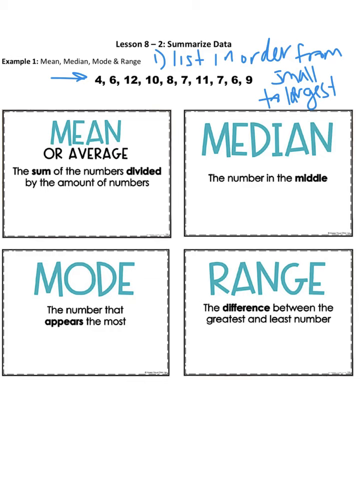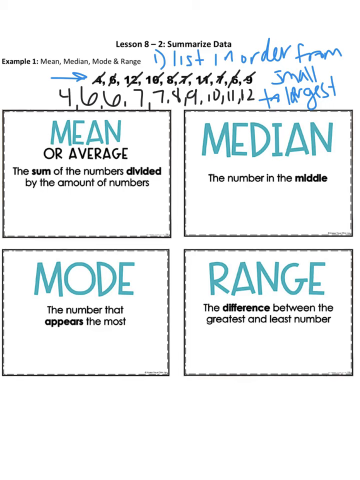We start with our smallest number, which is 4, and cross it off as we go. Then we put a 6, cross that off, put another 6 because there are 2 6s, then a 7, and another 7. And then I finished my list: 4, 6, 6, 7, 7, 8, 9, 10, 11, 12.